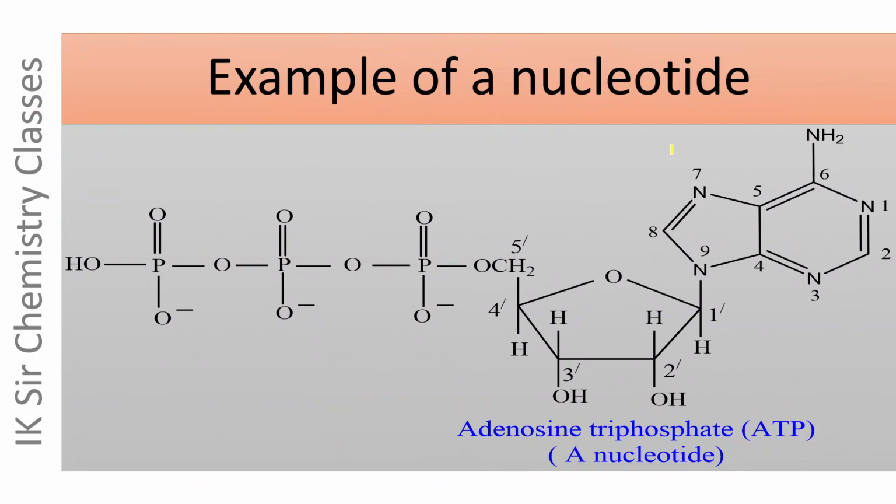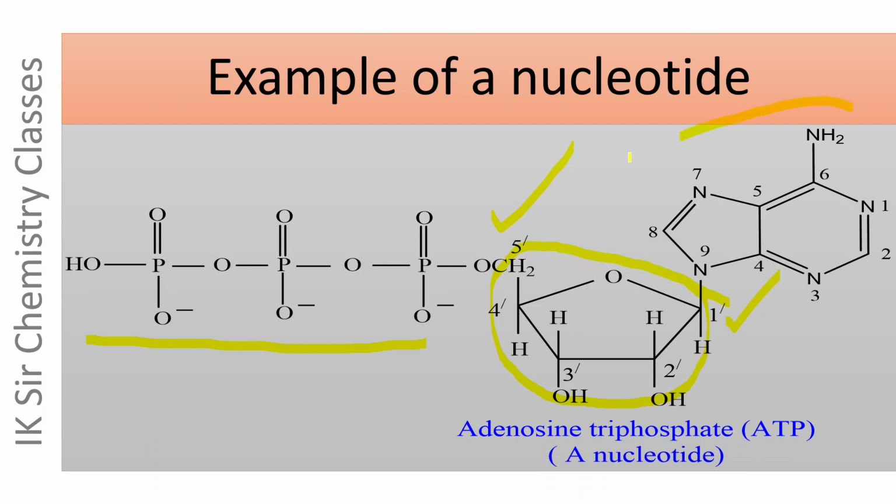Example of a nucleotide. This is beta-D-ribose sugar moiety. It contains adenine nucleobase at 1' position and triphosphate group at 5' position, and hence it is adenosine triphosphate.